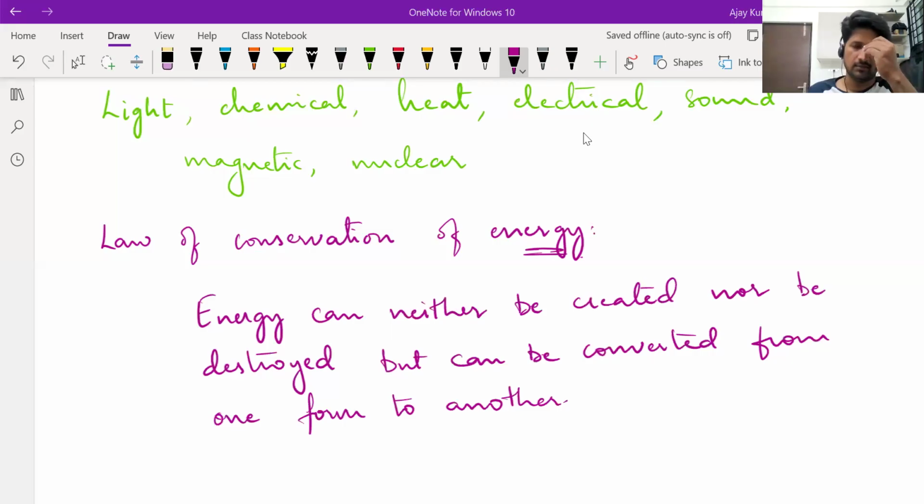Let us discuss this a little bit. Can any of you tell me any situation or any machine or any process where one form of energy gets converted to another, or one form of energy is used to produce another form of energy?